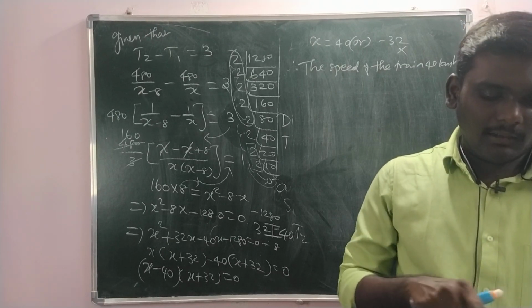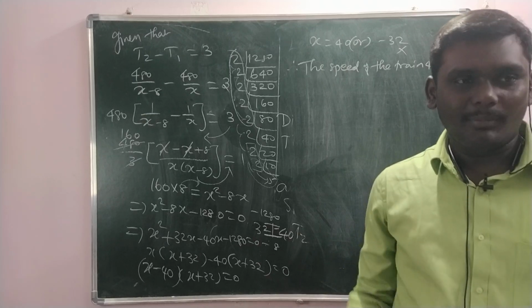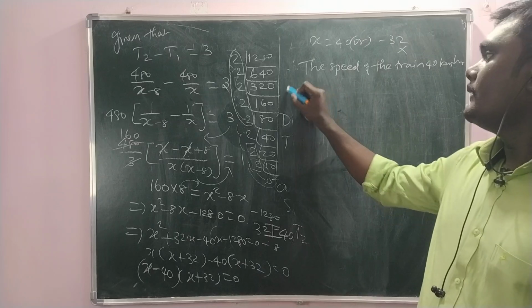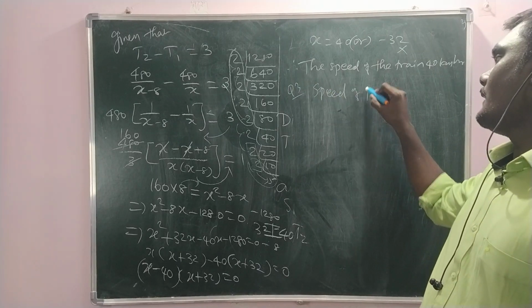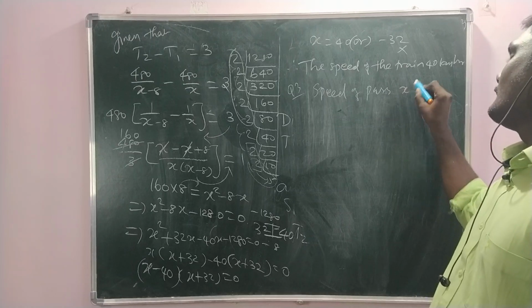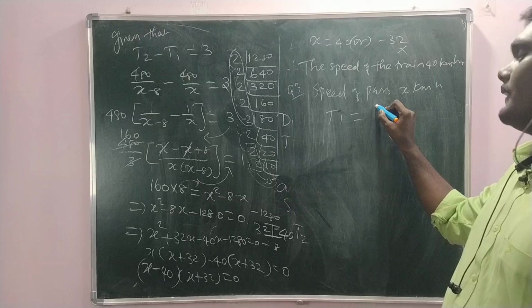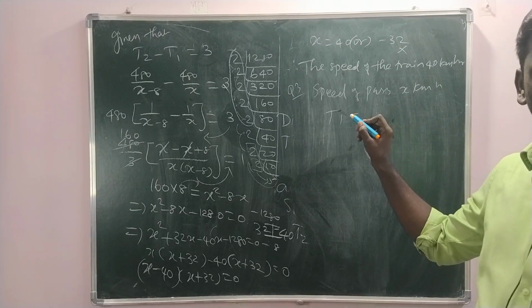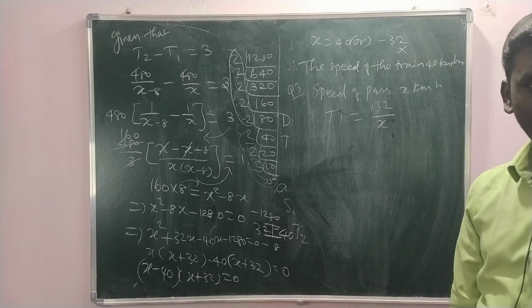And they have given that the average speed of the express train is 11 km more than that of the passenger train. So first we should consider the passenger train. Then the speed of the passenger train is x km per hour. Then time taken by the passenger train is 132 by x.